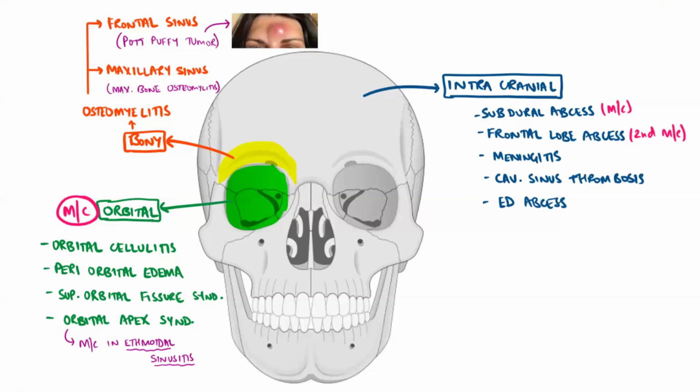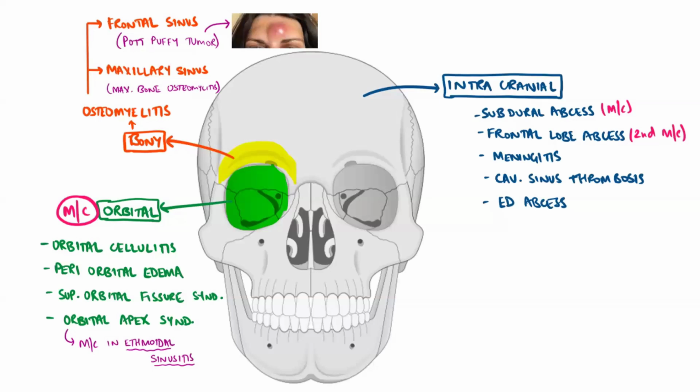This slide explains all the complications related to sinusitis as well. Here we have three important complications if we categorize: bony complication, orbital complication, and intracranial complication. The most common complication involves the orbital area, which can lead to orbital cellulitis, periorbital edema, superior orbital fissure syndrome, and orbital apex syndrome.